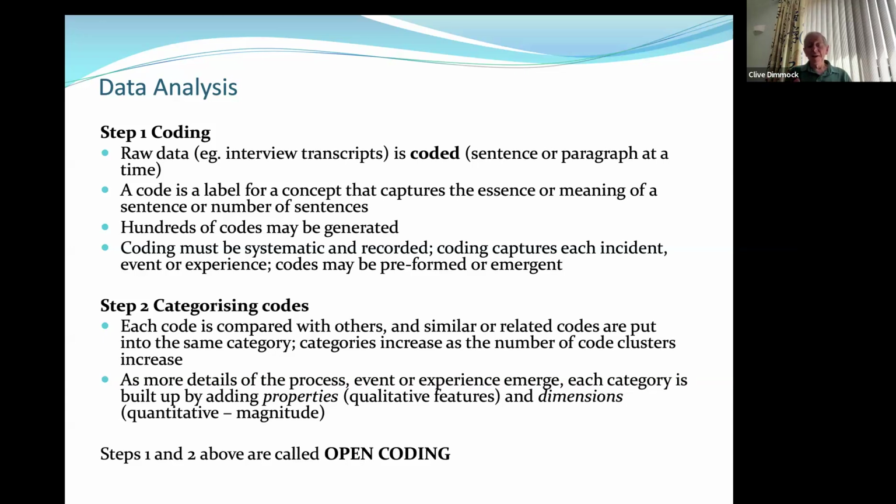And eventually, after hundreds of codes and putting them into their categories, you develop these categories to include properties and dimensions. And that's what probably all of you, if you're doing qualitative methods, will be expected to do. So GT has this in common with other qualitative methods.